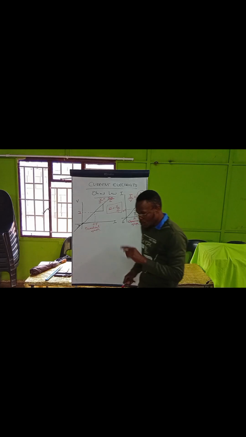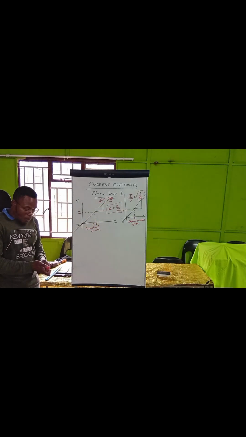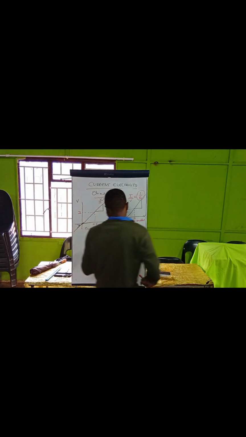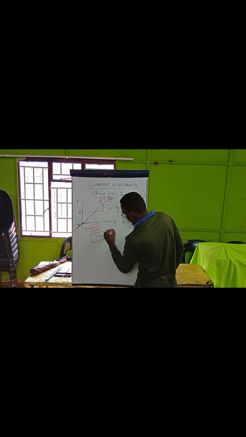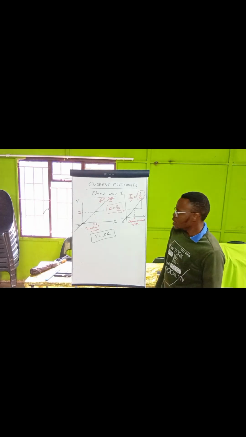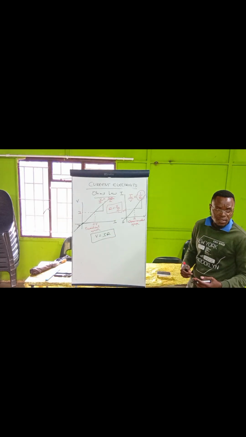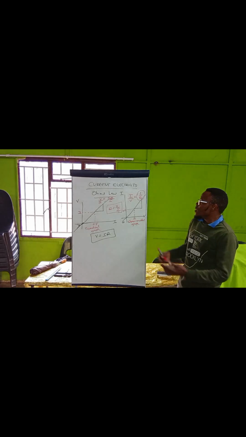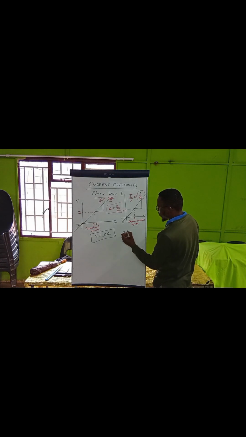So what you should do then, since we know Ohm's law, remember I said this is the backbone of current electricity, you need to recall this. Make sure you remember it. When you're given a question like this and you're asked to determine the resistance given the graph, you just need to pick one point.